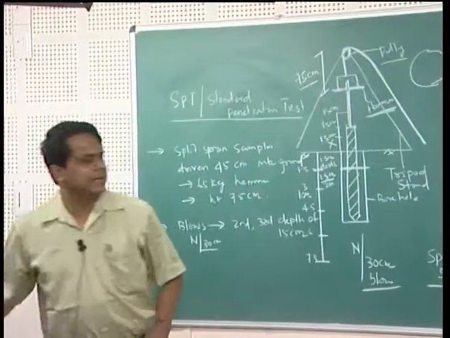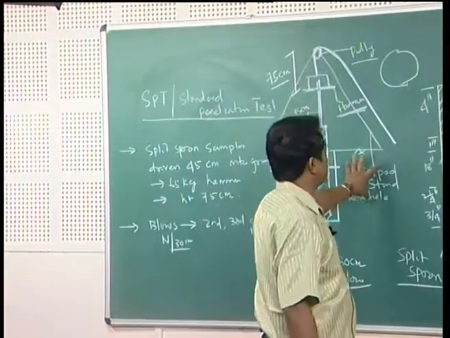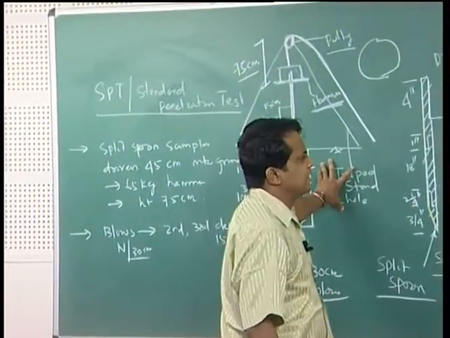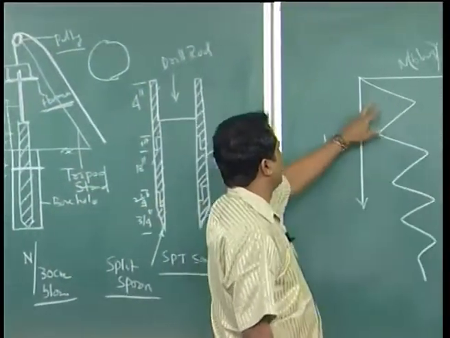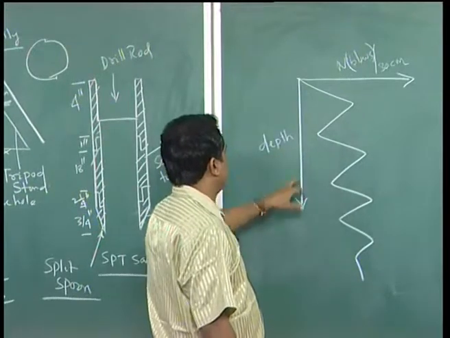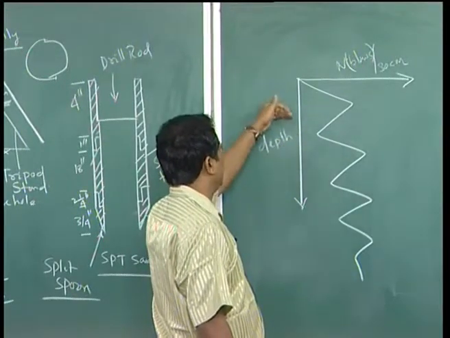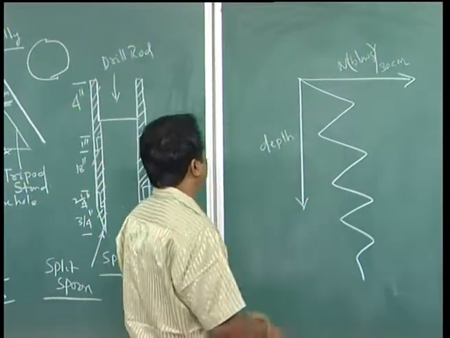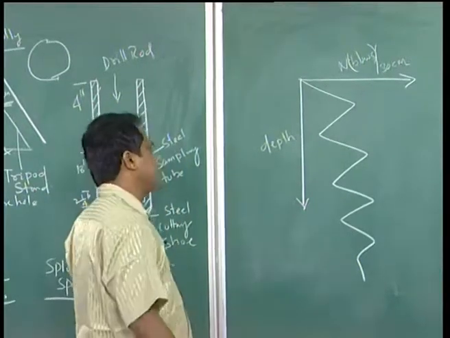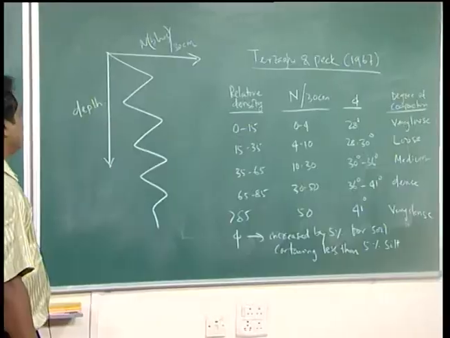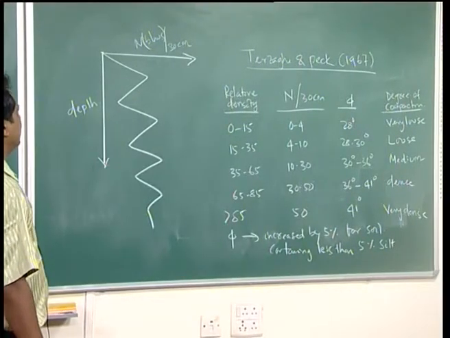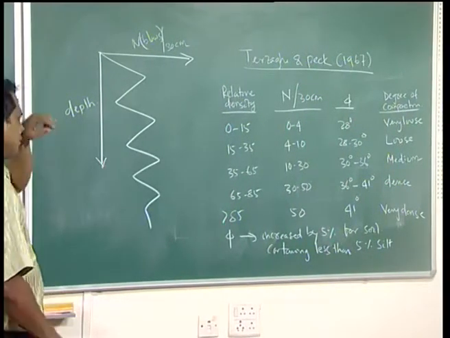Now, this is an in situ test particularly for granular soil. From this in situ test we get the number of blows for every depth, every 1.5 or 2 meter interval, up to the requisite depth, say 30 meter, 50 meter or 100 meter. Based on the N value, Terzaghi and Peck have given correlations for granular soil.